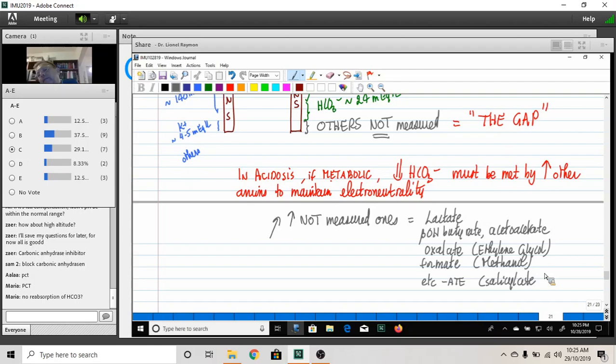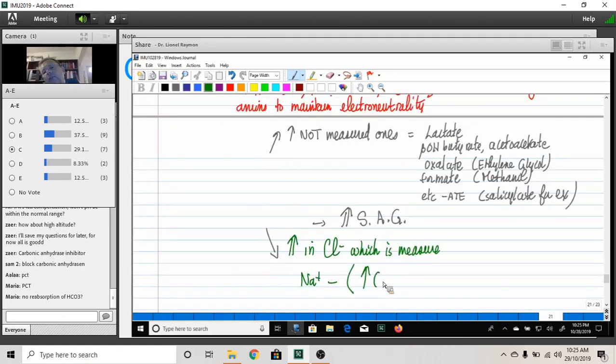The other possibility is it could be matched by an increase in chloride, which is measured. And when you do sodium minus an increased chloride plus a decreased bicarb from the metabolic acidosis, then what is it that's not going to happen?